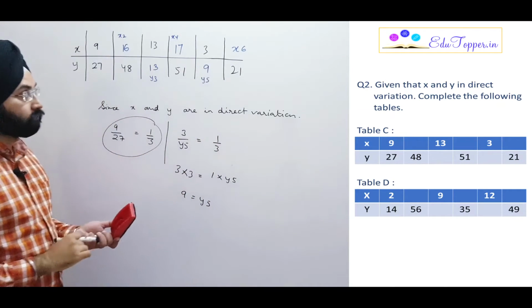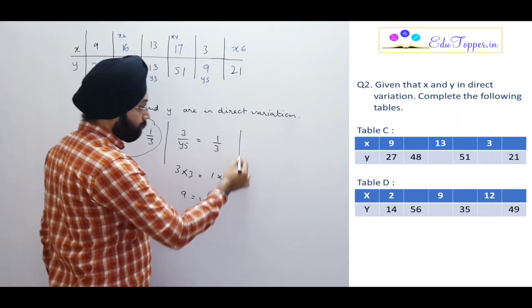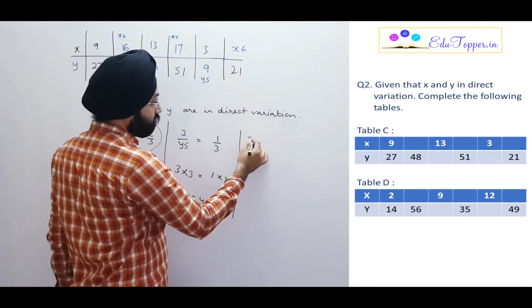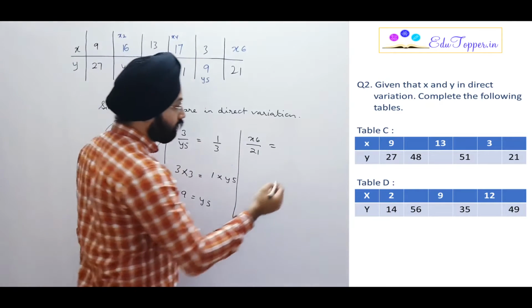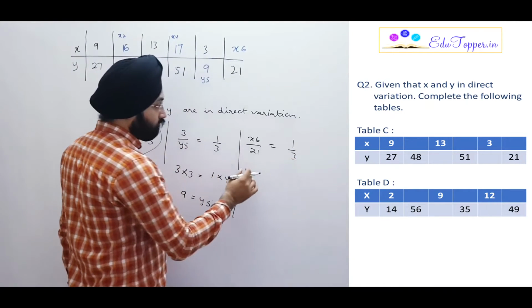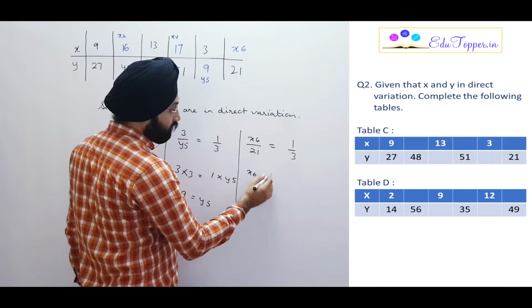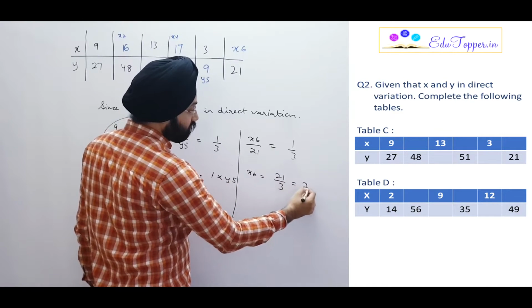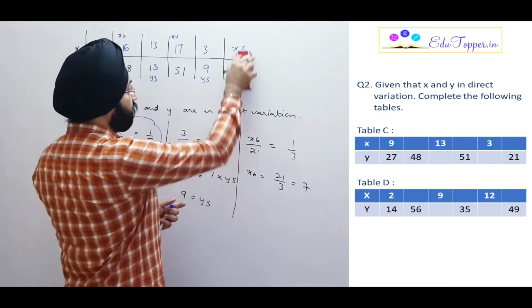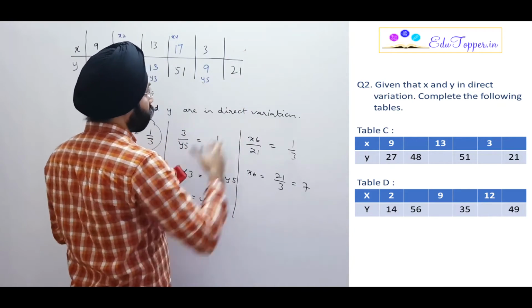Alright. Now, x6 by 21 should also be equal to 1 by 3. So x6 will be equal to, this 21 comes here, 21 by 3, that is 7. So the value of x6 is 7.